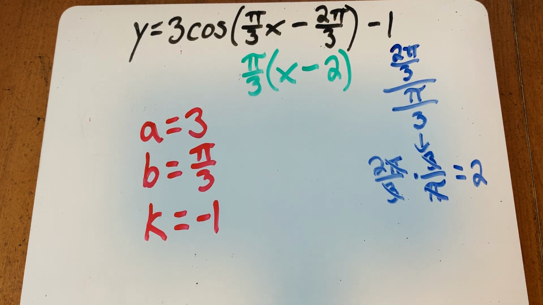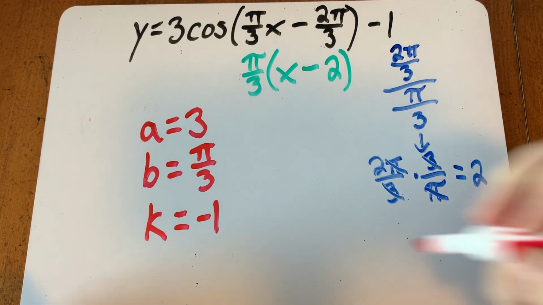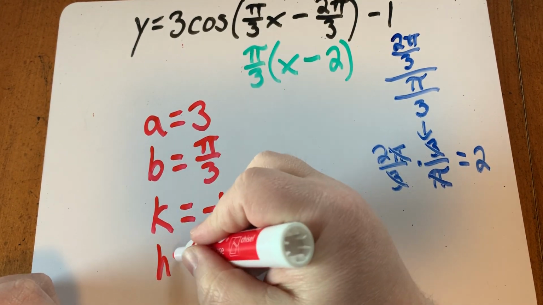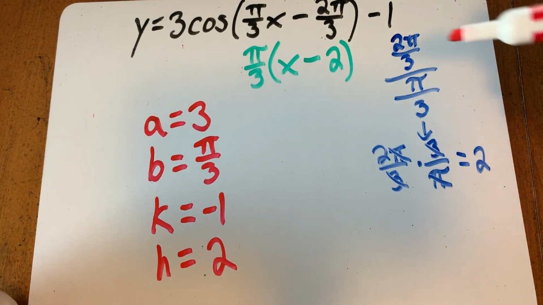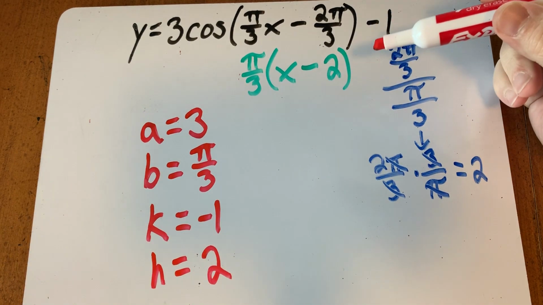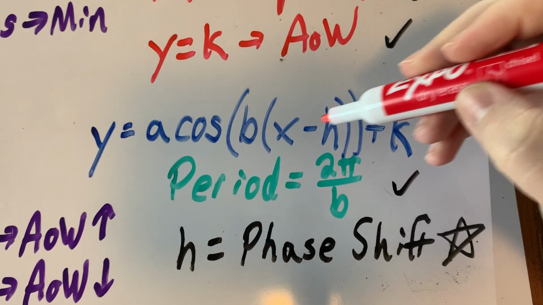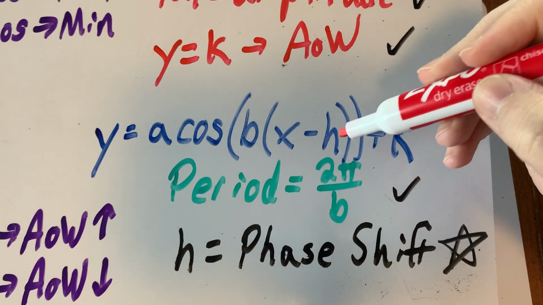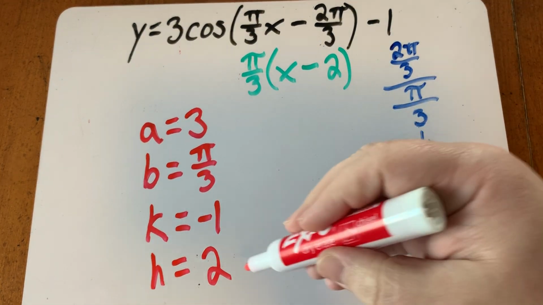So now we know H is 2 because it's supposed to be minus, so if it's minus, H is positive. So H is 2.